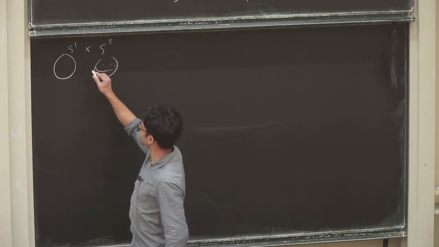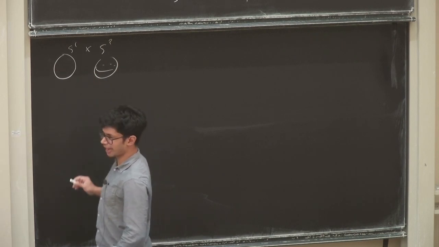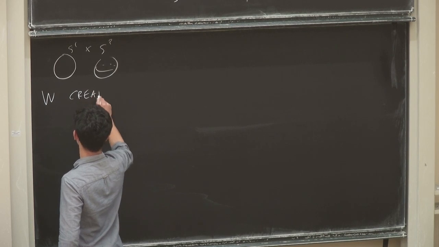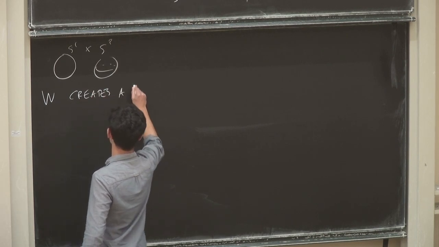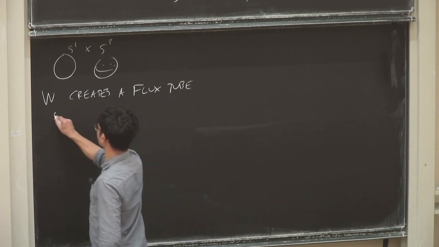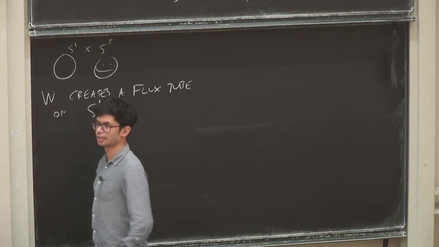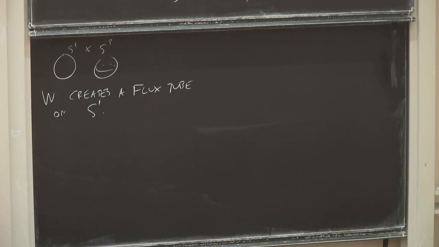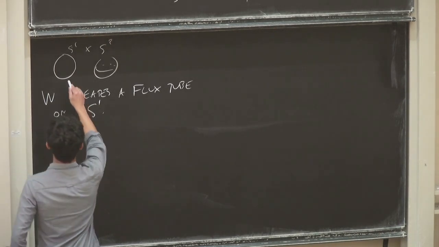And what's happening is that the action of the operator W creates a string, a flux tube or something like that, on the S1. That's what W does, okay? Little n measures the number of flux tubes that are wrapping this S1.